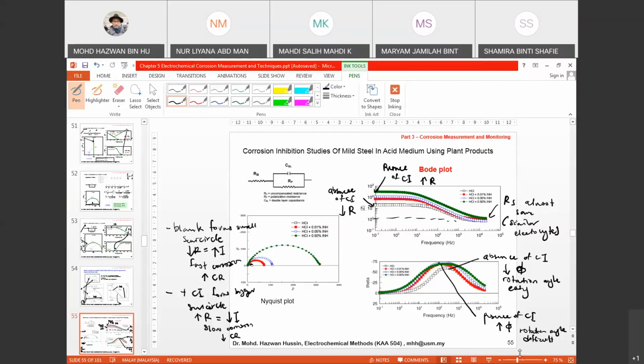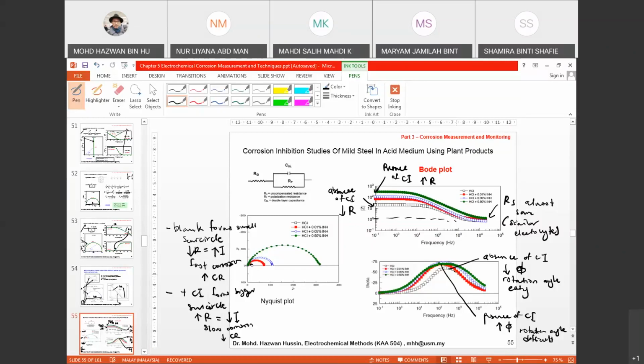So why is it difficult? Because maybe with the presence of inhibitor, the interaction between the inhibitor and the metal surface makes it more resistant, and when you have a more resistive surface, the flow of current and everything will be difficult, then the rotation will also become difficult. So that is why it needs a bigger phase angle value.